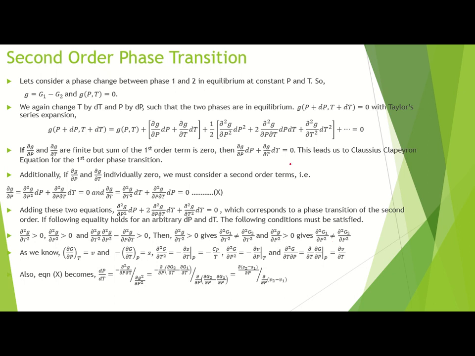Now if we substitute all this back into equation X, we get two equations, and we can write dp/dT, which is the slope of the phase equilibrium curve, as we did in the first order transition case.